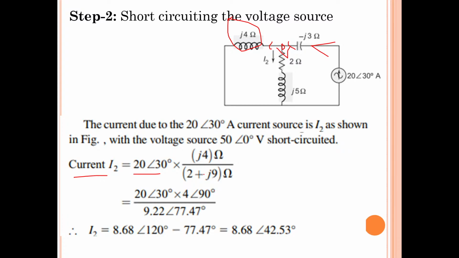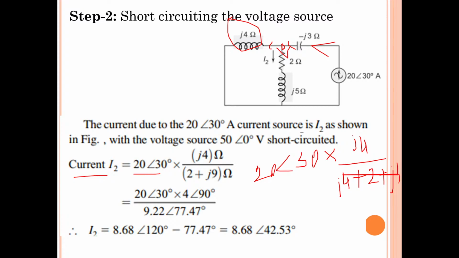I have added it here. So 20 at an angle of 30 degrees is equal to, into j4, divided by j4 plus 2 plus j5.